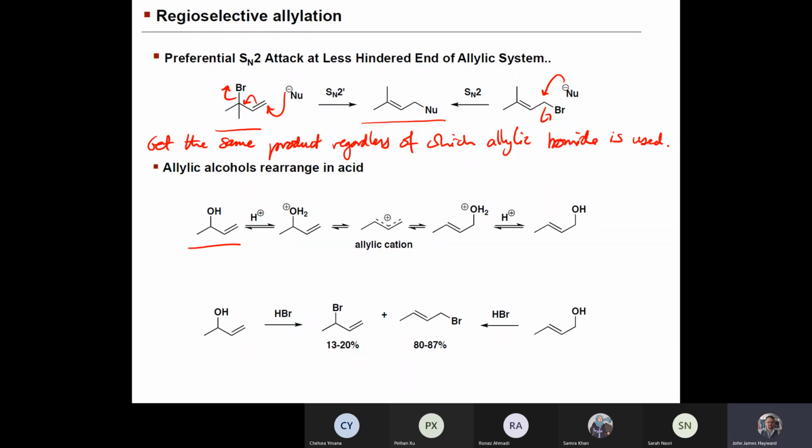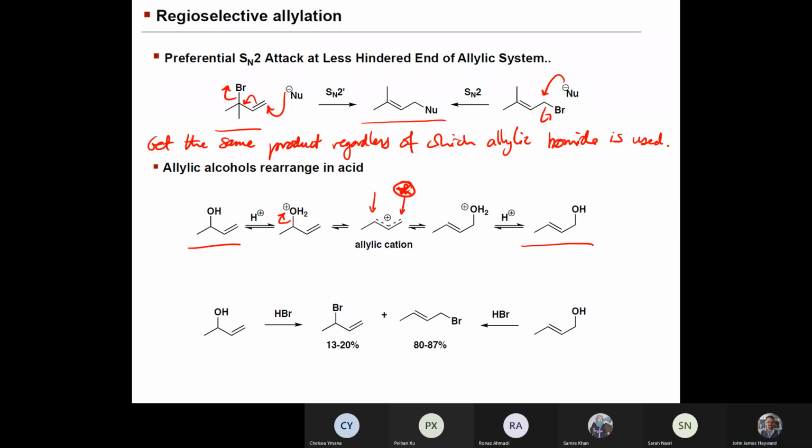Okay, so we protonate our alcohol and then we lose water as a leaving group. We get through to an allyl cation, which could then be attacked at either end, and it's going to preferentially attack at the less hindered end. And then we lose a proton again to get the less hindered product.